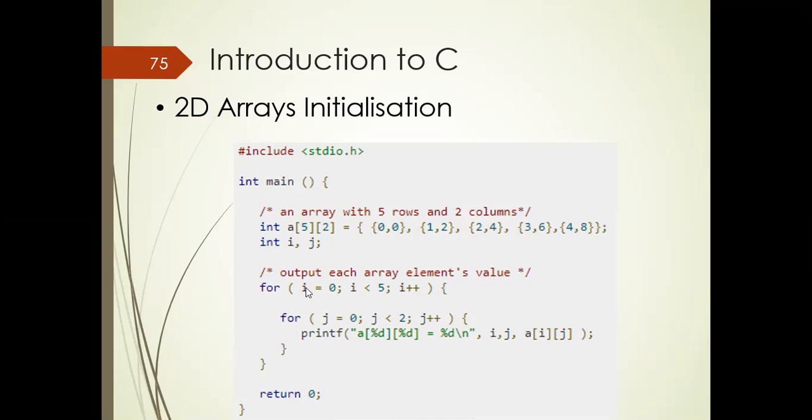This one is the rows, from 0 to 4. This is why I have less than, we don't put equal to, else we're going to go out of bounds. And here we say we have 2 columns, which is why it starts at 0 and ends at 1. So your columns are going to be 0 and 1 only. This program is printing the terms of your 2D array.